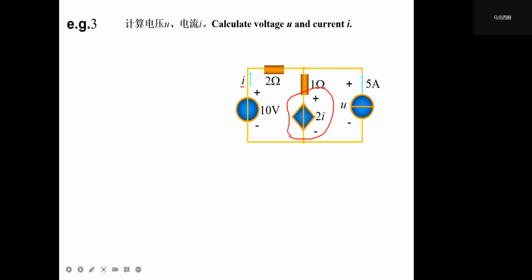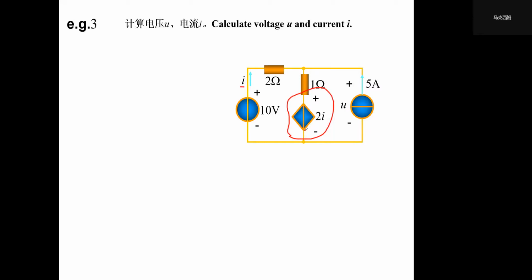But we could also use this trick to divide this diagram into two parts: part one contains only this 10 volt voltage source and the control source, and part two contains this current source and the control source. No matter which way you divide this diagram, you have to leave the control source in.